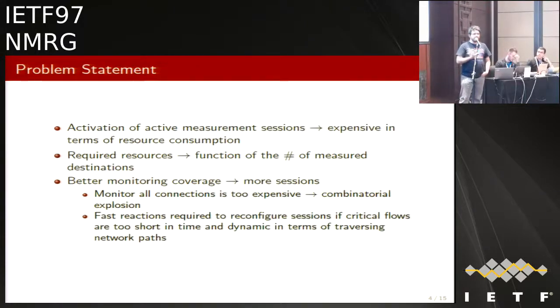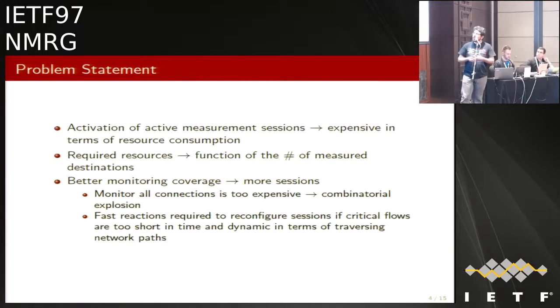The required resources are a function of the number of measured destinations or the measured flows in the network. So if you have a better monitoring coverage, you need more resources, and it's usually difficult to find the sweet spot in order to have adequate coverage of the network without using too much in terms of the resources in the network.